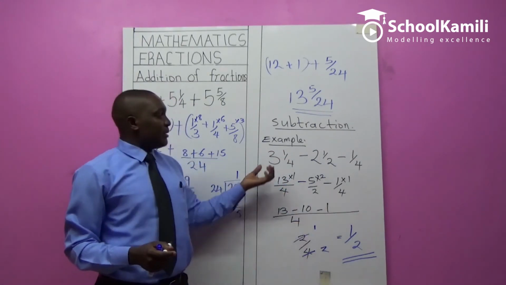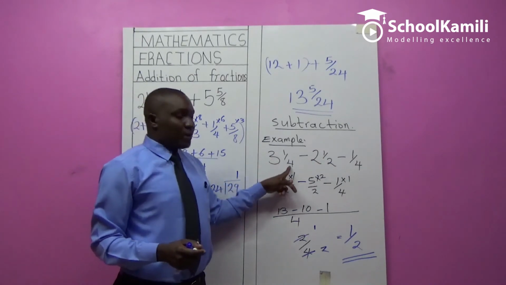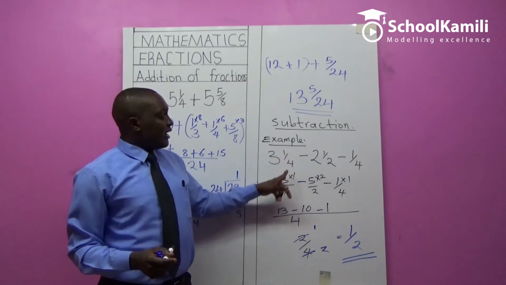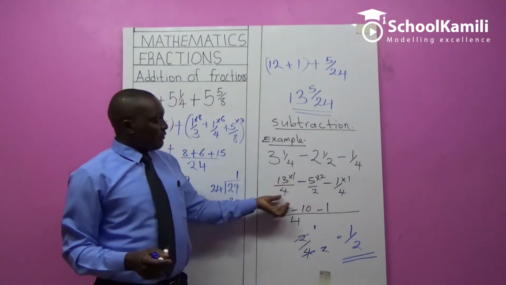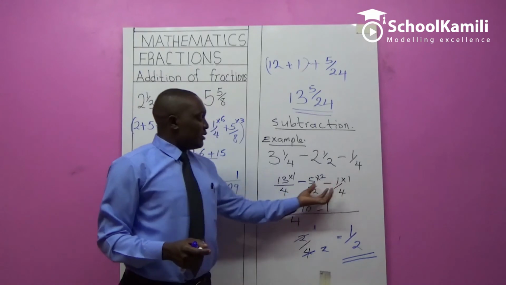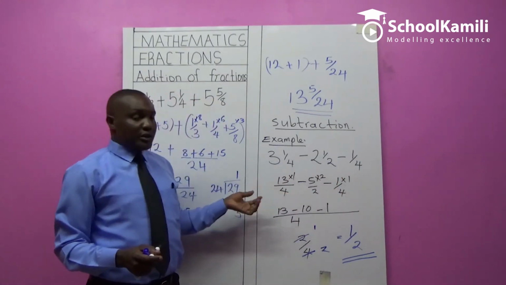And how do we change a mixed fraction into an improper fraction? You take the whole number, multiply by the denominator, add to the numerator, then put everything over the denominator that you had. That's what we have done here. After that, all of them are now fractions.